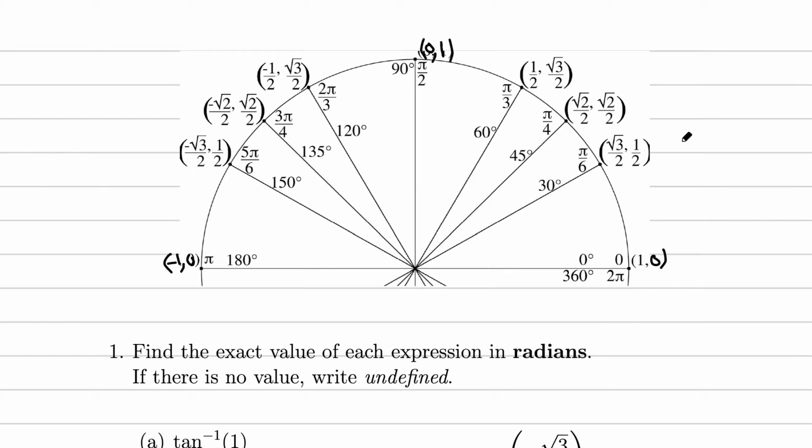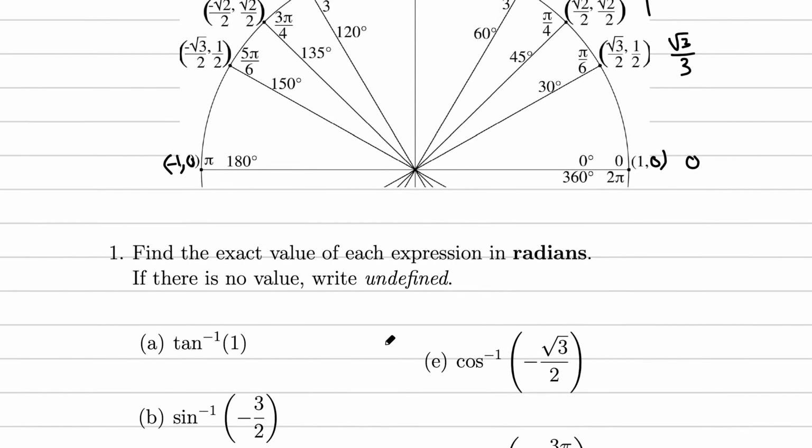That's 1 over root 3 or root 3 over 3. And for 0, 0 divided by 1, it's 0. So I'm writing these values for tangent. They are the same, 1 divided by root 3, and this is undefined.